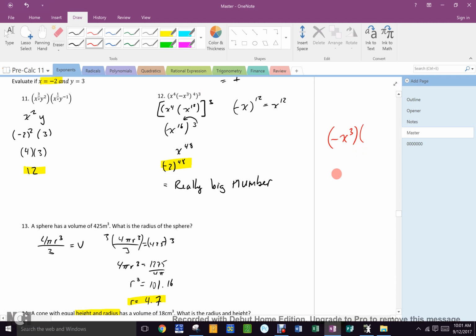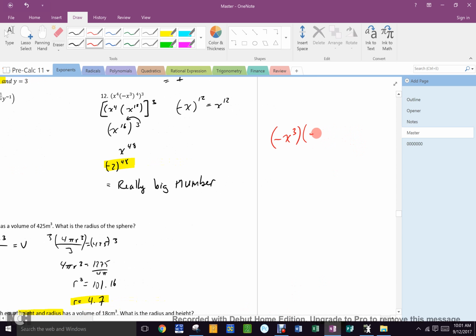So I have negative x cubed times negative x cubed times negative x cubed times negative x cubed. Does everyone agree that that's negative x cubed to the 4th power? Yeah?